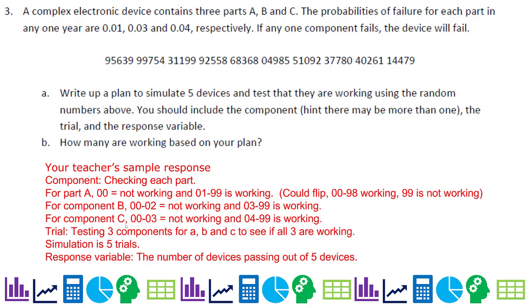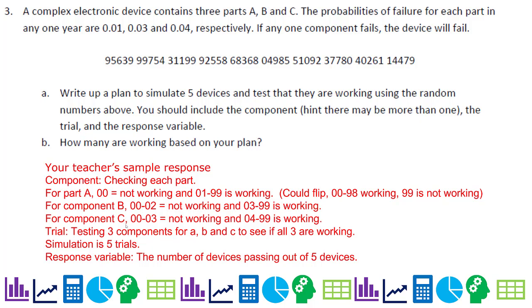We have a complex electronic device that contains 3 parts, A, B, and C. The probabilities for failure for each part in any one year is 0.01 or 1%, 0.03 or 3%, and 0.04 or 4% respectively. So part A has a 1% chance, part B has a 3% chance, and part C has a 4% chance. If any of them fail, then the device won't work.